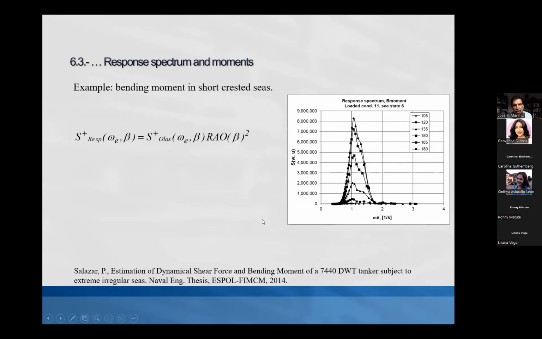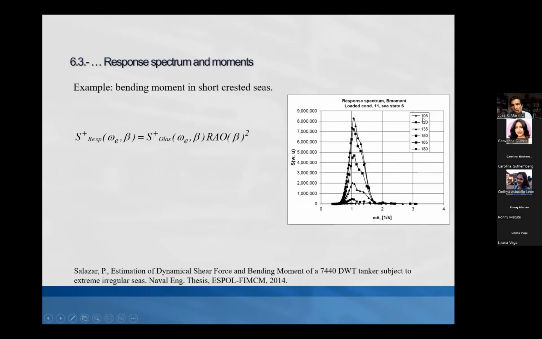We did these calculations in this year. So in this case, this is a spectral density considering different directions. Okay, and you can see that the highest value occurs when you receive wave from the bow. Makes sense, right? Because in that case, the heave and pitch are going to be very large.